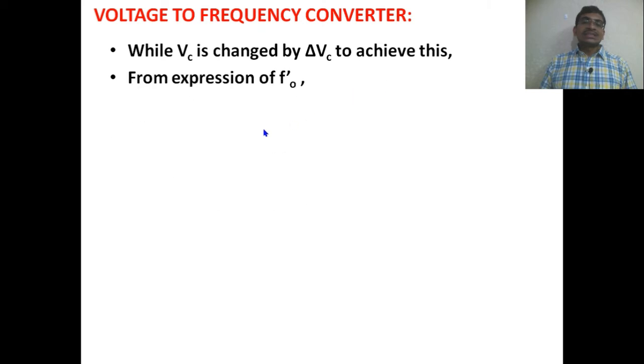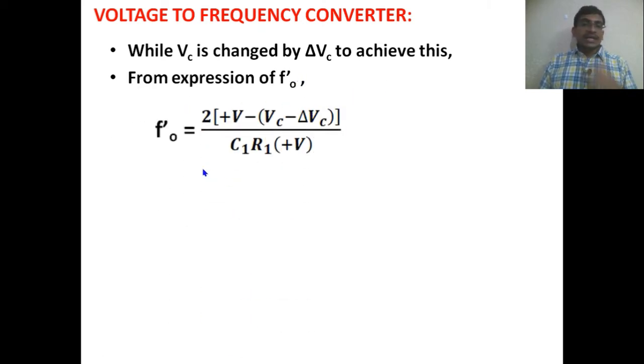From the expression for F naught dash, we can write F naught dash is equal to 2 into plus V, the supply voltage, minus Vc changed to Vc minus delta Vc, divided by C1 R1 plus V. Initially this minus delta Vc is not there, now it is there.